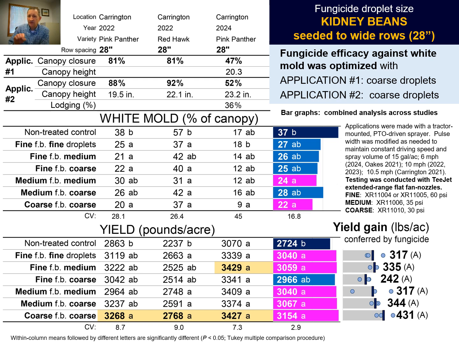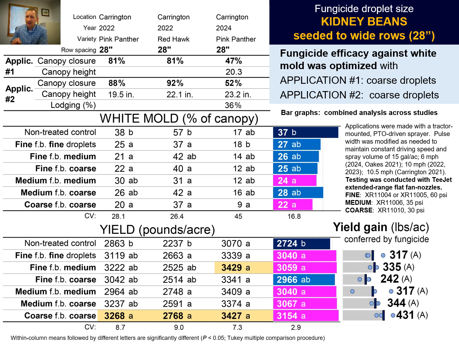What we need are additional studies further proving the consistency or validating these initial results before we can develop rigorous recommendations. But in the interim, we can develop a preliminary recommendation suggesting that coarse droplets followed by coarse droplets may be optimal for kidney beans seeded to wide rows.